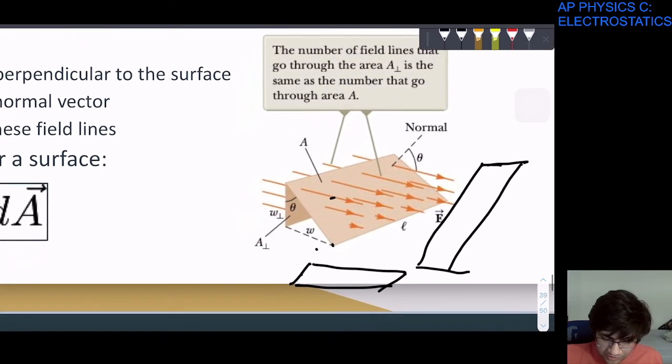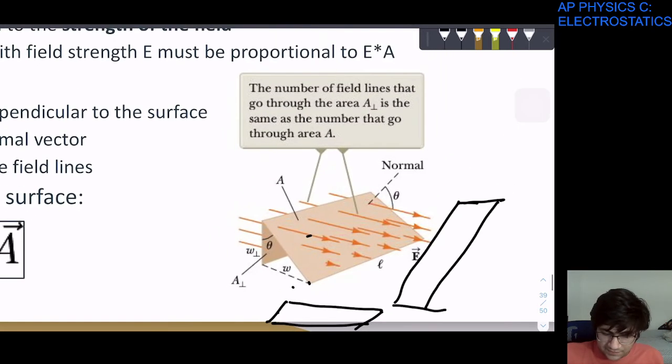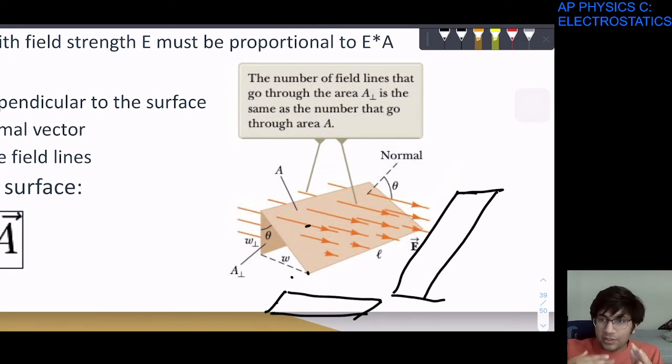And if your surface here is parallel to the field lines, then your normal line and your field lines meet at 90 degrees, and the cosine of 90 is 0, so you end up getting 0 flux. So your theta is defined to be the angle between the normal to your surface and the electric field lines.